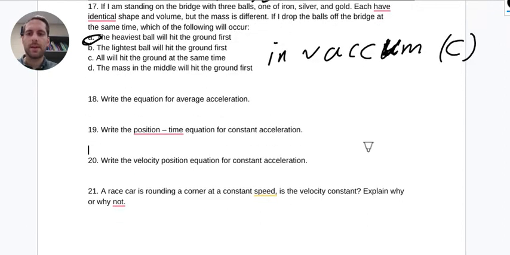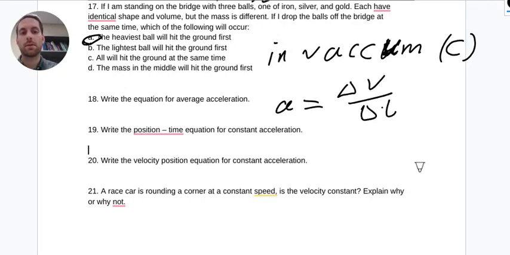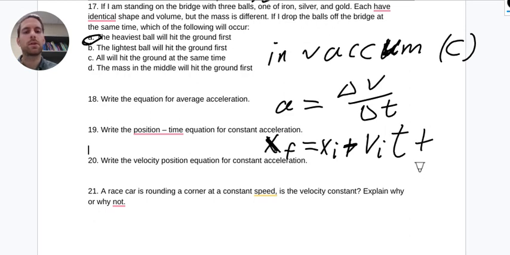So 18, equation for average acceleration, A equals change in velocity over change in time. Position time equation for constant acceleration. This one, we're going to use the fact that x final equals x initial plus v initial times time plus 1/2 a times the time squared.